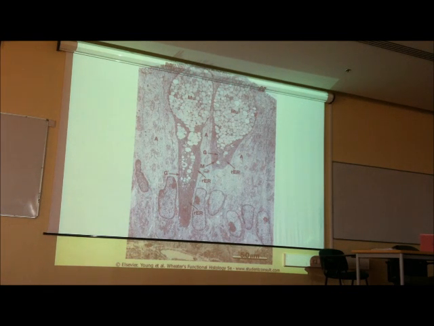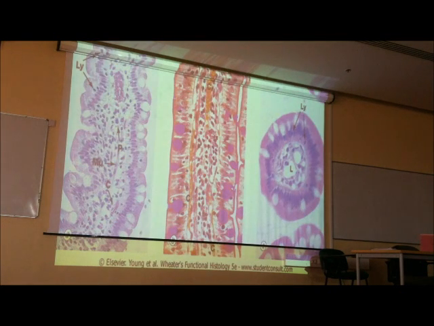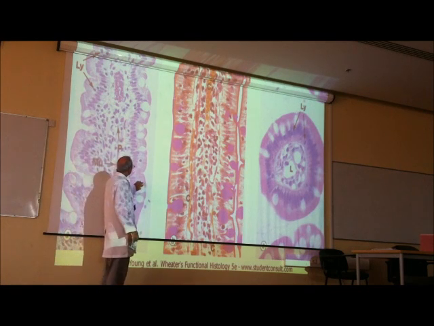I will not get an electron microscopic picture, but this is an electron microscopic picture for the previous slide. This is acidic, serious mucus. You get the same picture, but the goblet cells appear blue in color.